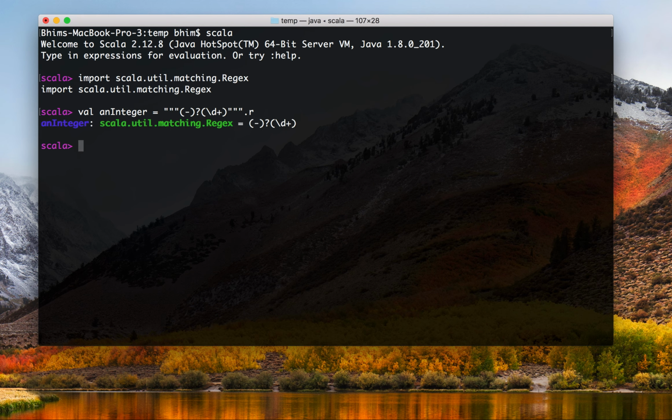So what does this regular expression do? Remember, question mark means 0 or 1. I'm looking for something that has 0 or 1 minus, and then that is followed by backslash d, which is for digit, and plus means one or more digits.